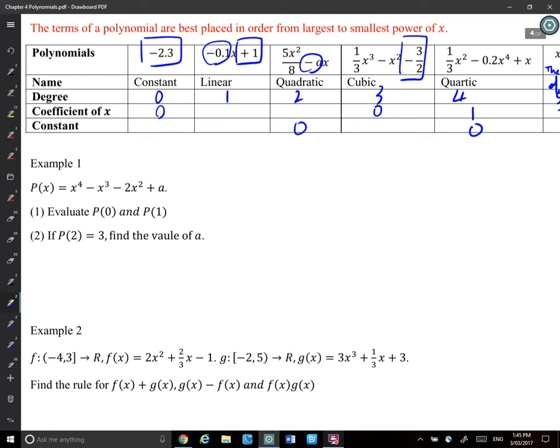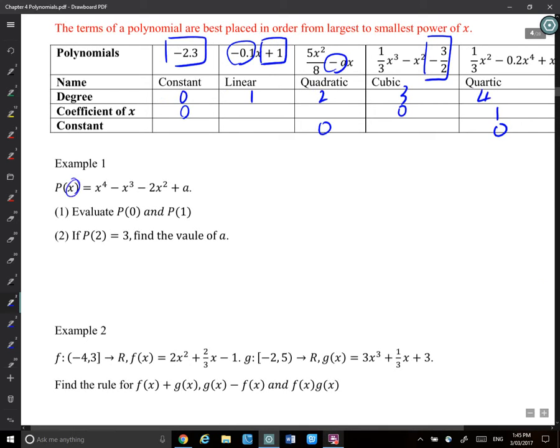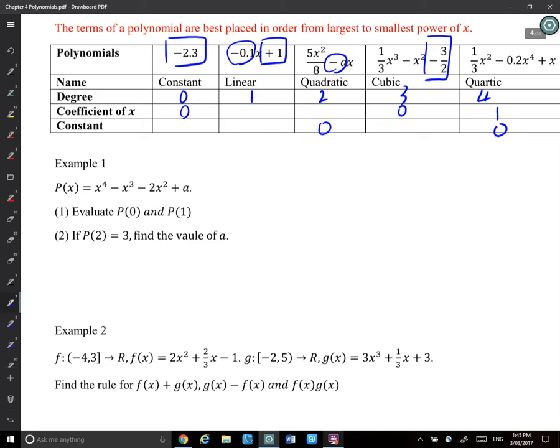And the next thing is example 1. We want to find p(x) equal to that and evaluate p(0) and p(1). I think the first time we did this, you substituted values into the wrong place. Make sure you substitute things into the place of x, not substituting any other numbers. x is the variable, so x can change, a cannot change. a is already a fixed number.